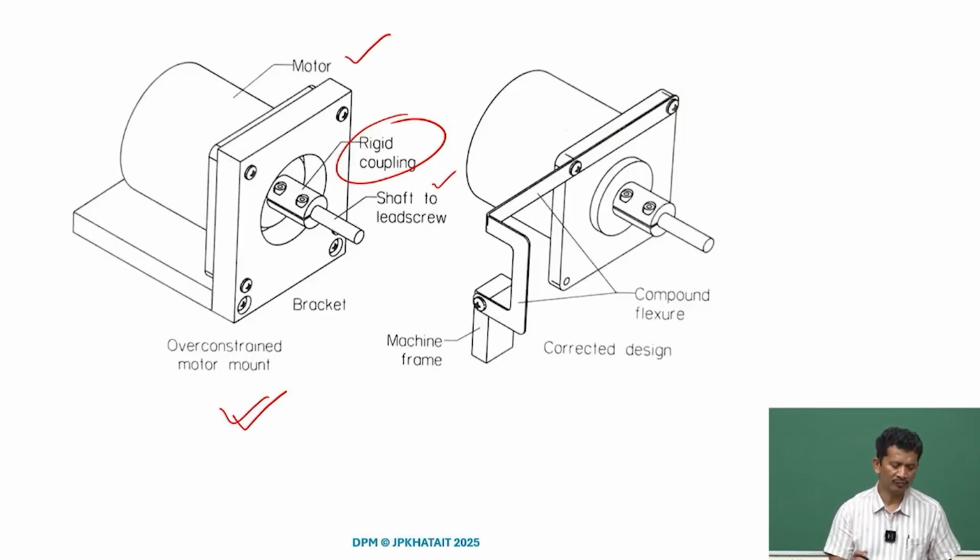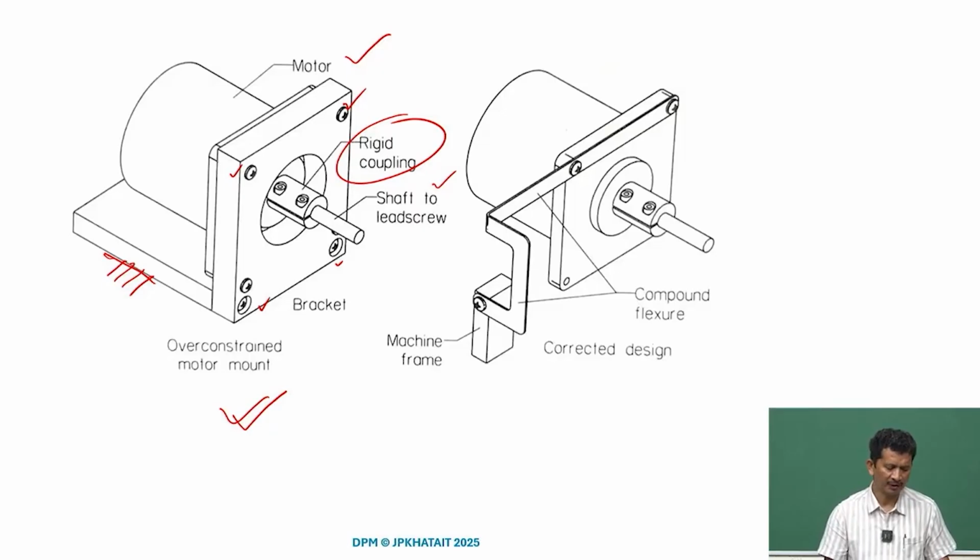The moment you connect rigidly the motor and the lead screw, they all become one part, and this motor is now connected to the frame rigidly, what you see here through these bolts. So, now everything is one part, one rigid unit with no compliance.